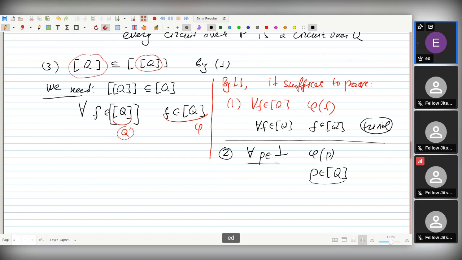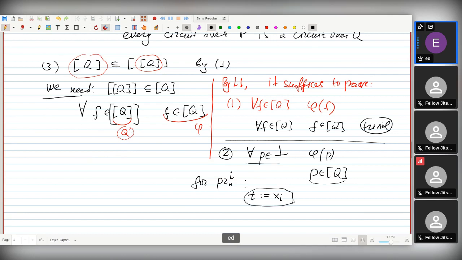In order to compute a projector, for example, the projector returning its i-th argument, I can take the following circuit: T_i assigned to x_i.